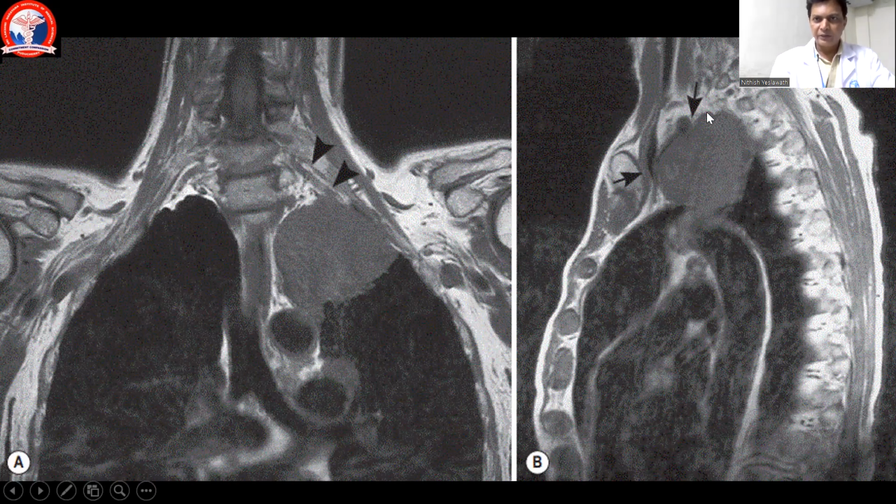Here the mass is in here. It is close to the vessels around there, as well as nerve roots, pleura, and the ribs. This is a Pancoast tumor.